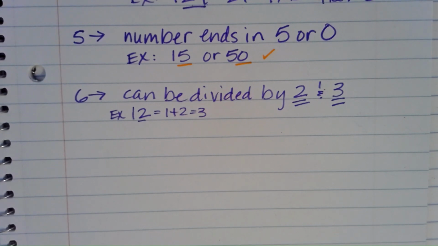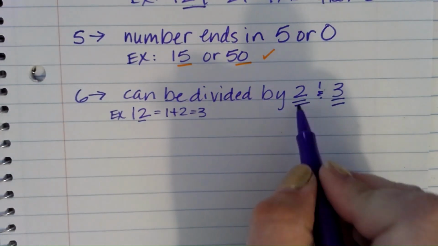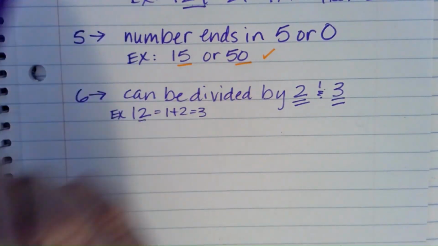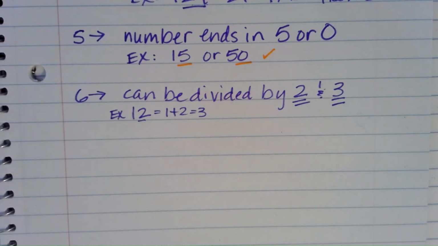And then it can be evenly divided by 6 because 6 times 2 is 12, right? Are y'all with me there? So again, if a number can be divided by 2 and 3, if they follow the rules for 2 and 3, it will also divide into 6. Okay? That's what you need to remember.